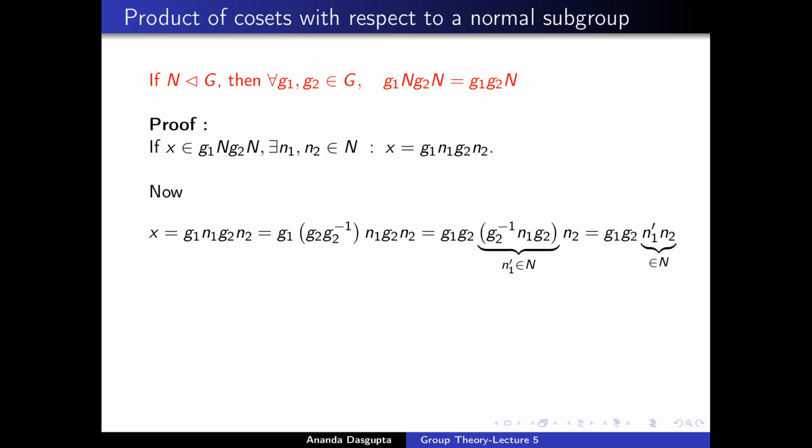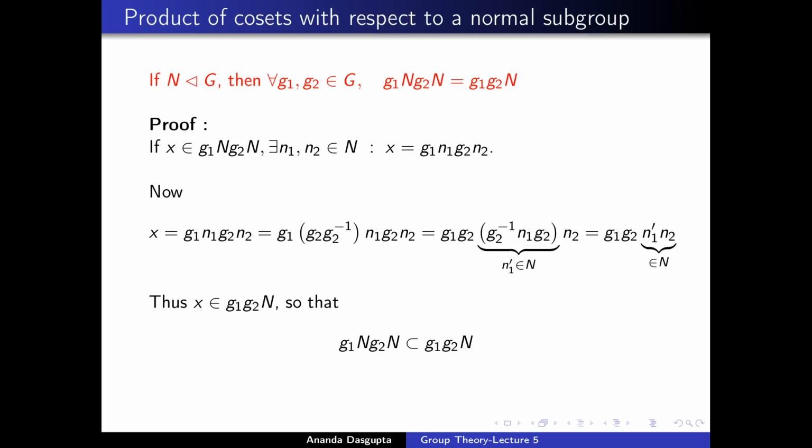And this goes to show that X is G1, G2 into some element of capital N, so it has to belong to the coset G1, G2 capital N. So as an upshot of all this, what we get is every element in G1n, G2n is an element of G1, G2n, and thus G1n, G2n has to be a subset of G1, G2n.